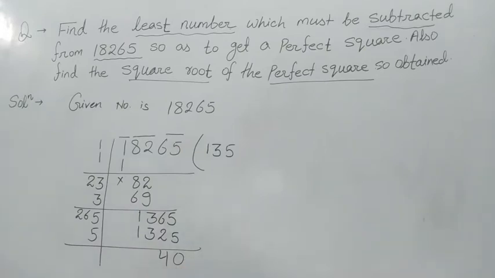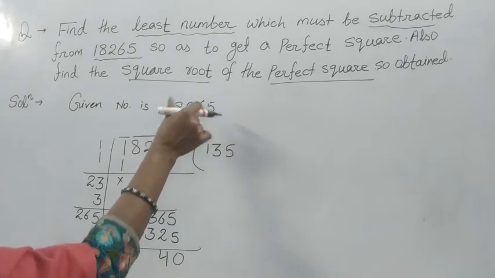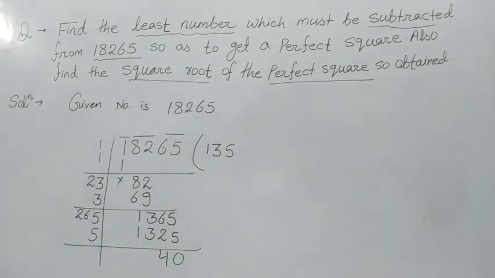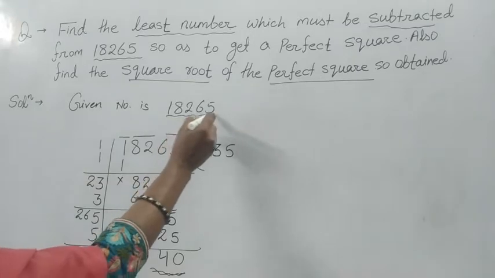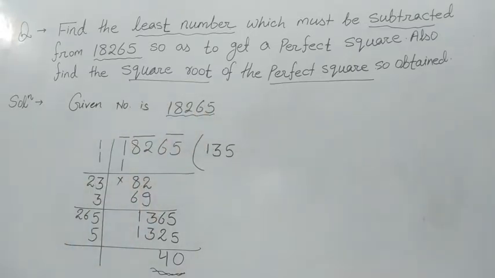Now we have no more pair to write down here. That means the steps of the long division process finish here. Now what do we have as a remainder? 40. That means when we subtract this number from the given number, the result we get is a perfect square. So this is the required number. This is the least number which when subtracted from the given number gives a result which is a perfect square.